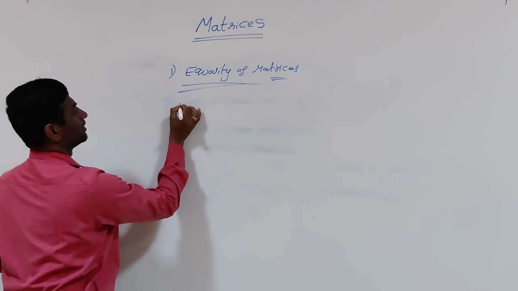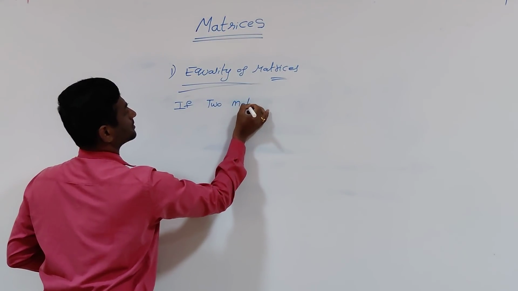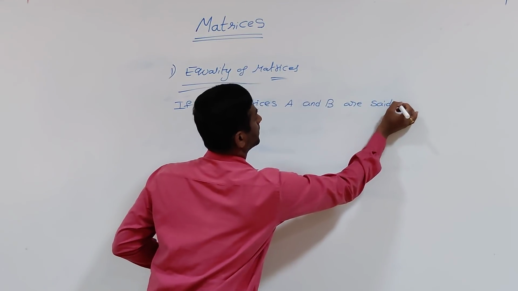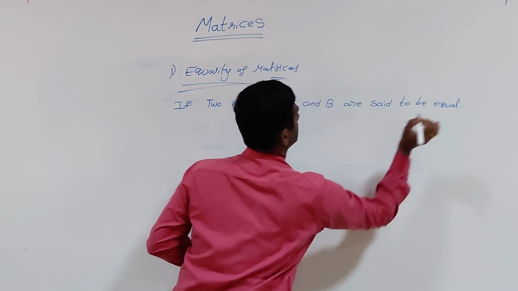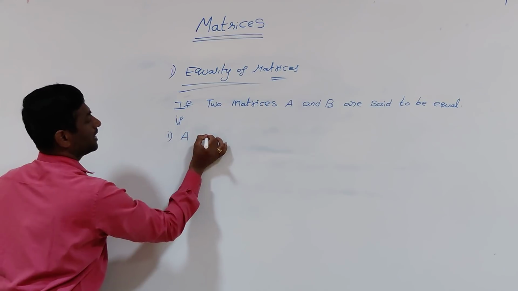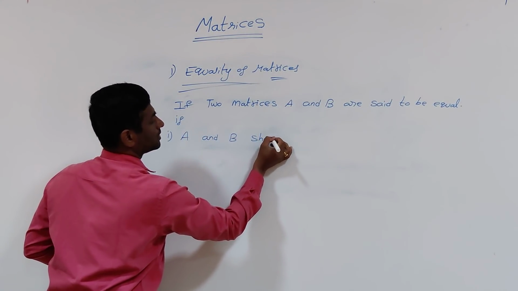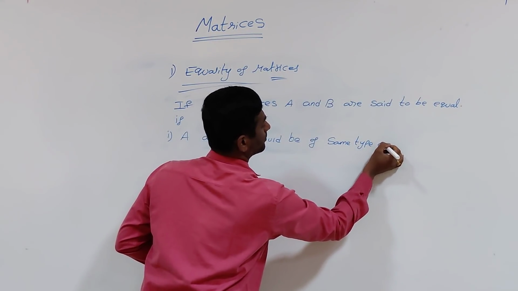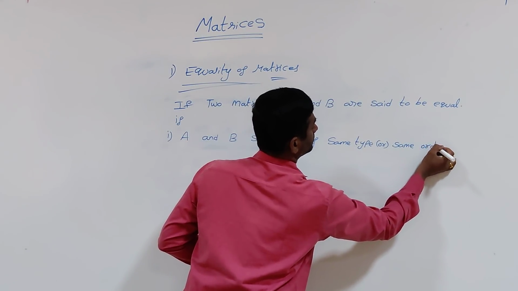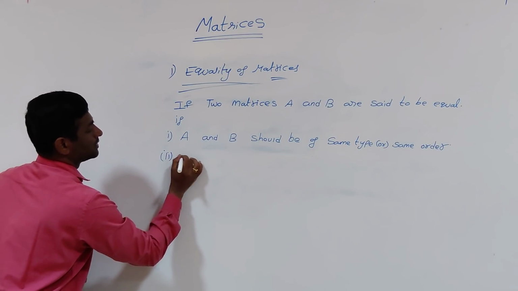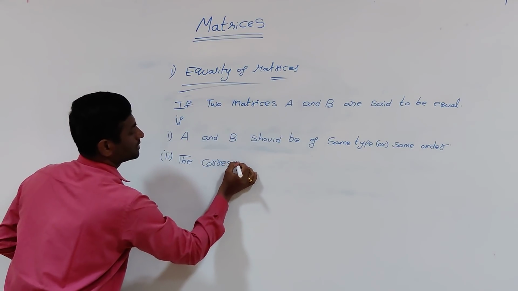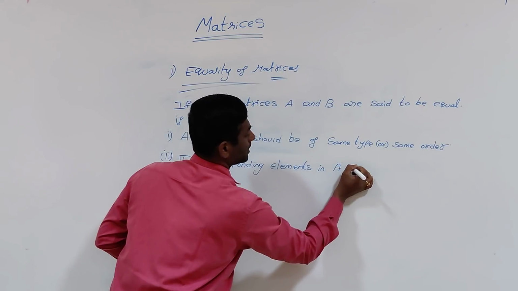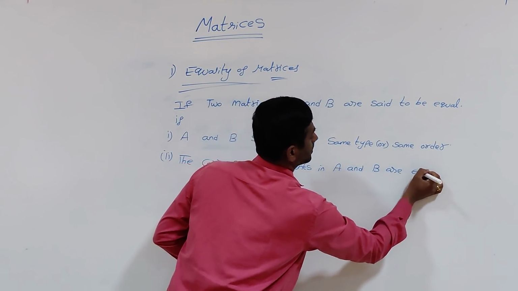So we will see, two matrices A and B are said to be equal if, number one, A and B should be of the same type or we can say same order, and second, the corresponding elements in A and B are equal.